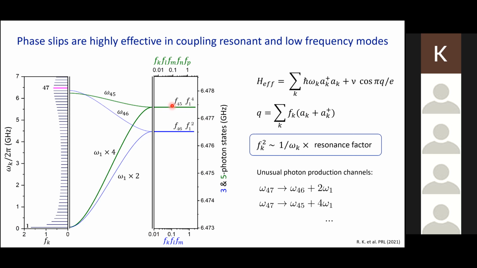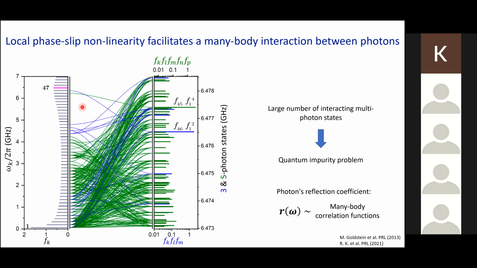But these are only two particular examples. If I add all of them, you see that there are many multiphoton states where this particular photon can go. And you see that most of the photons within our transmission line start to interact, because after a photon decays to other modes, they can still continue these transformations.